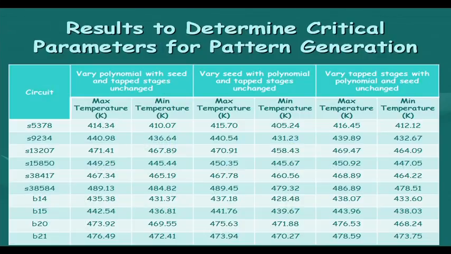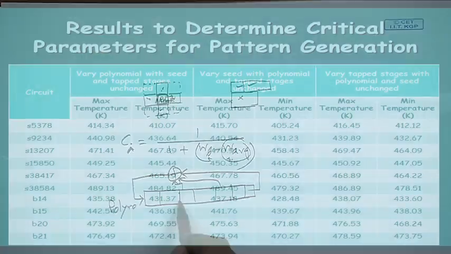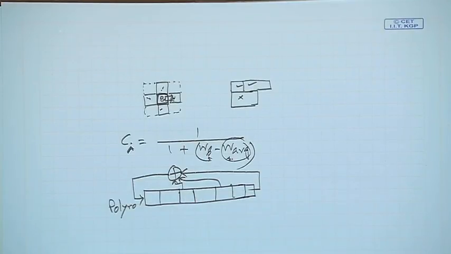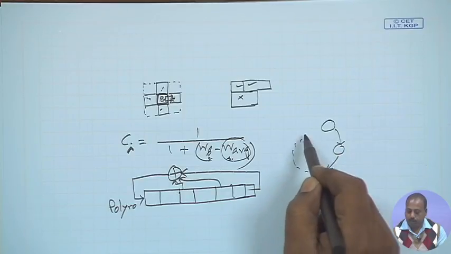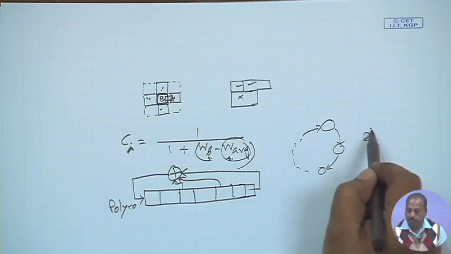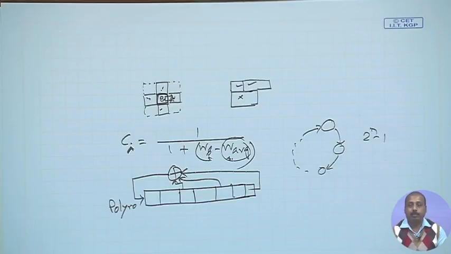Second important thing is varying the seed pattern. Particularly if the LFSR is of maximum length, then by varying the seed pattern, it will generate patterns in different parts of its state space. As a result, the patterns generated will be different. A maximum length LFSR goes through all the 2 power n minus 1 states in its state transition, excepting all 0.